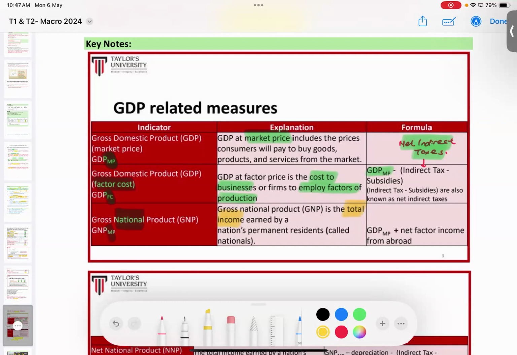So here we look into the income, not the market value of the goods and services, but the income earned by the people of the country. That means I use the GDP earlier plus the net factor income from abroad. Because here we start to look into income. It doesn't matter where you currently are, as long as you are working, your income should be recorded.